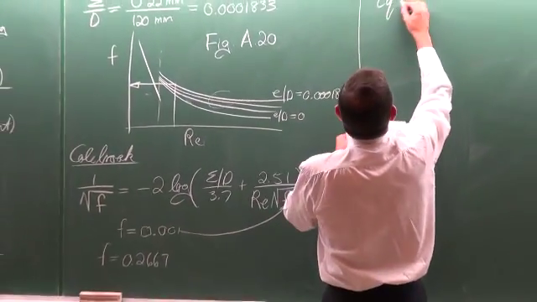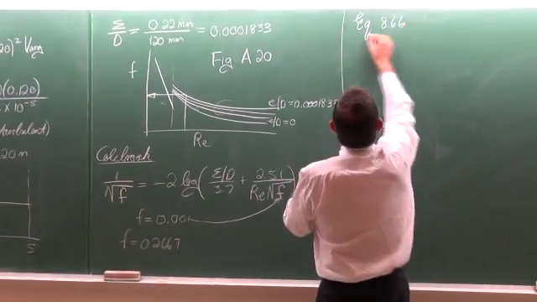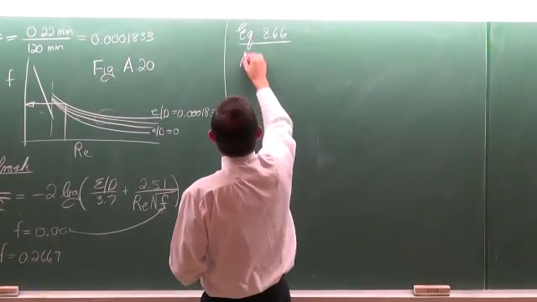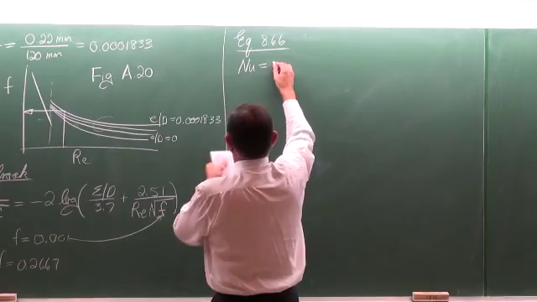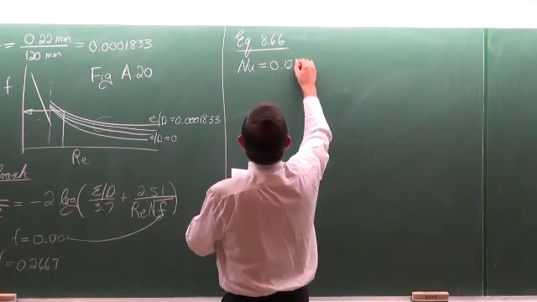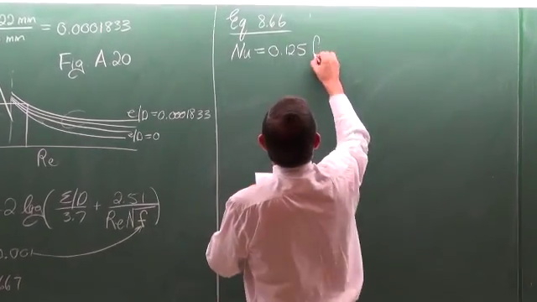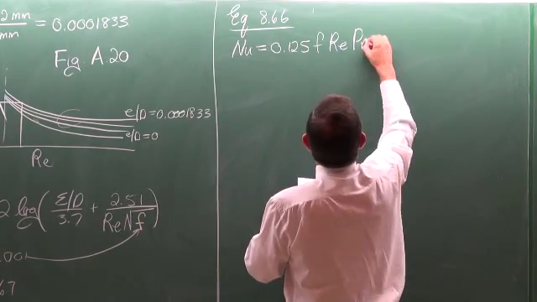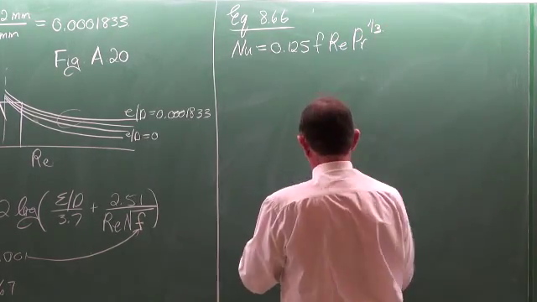Okay, now equation 866 is one of the correlations which gives us the Nusselt number, and the Nusselt number is equal to 0.125 multiplied by the friction factor multiplied by the Reynolds number multiplied by Prandtl to the third.